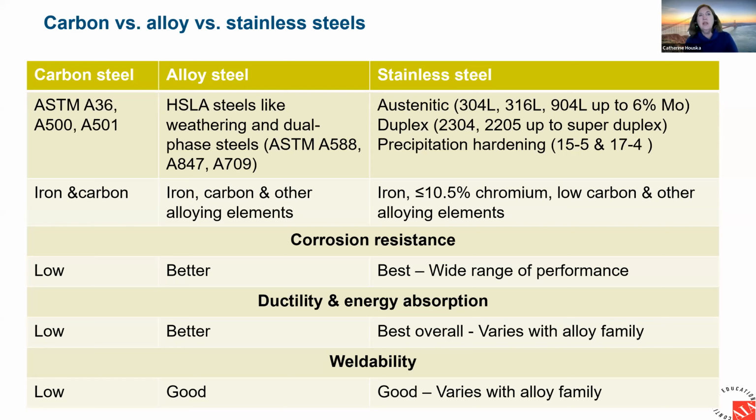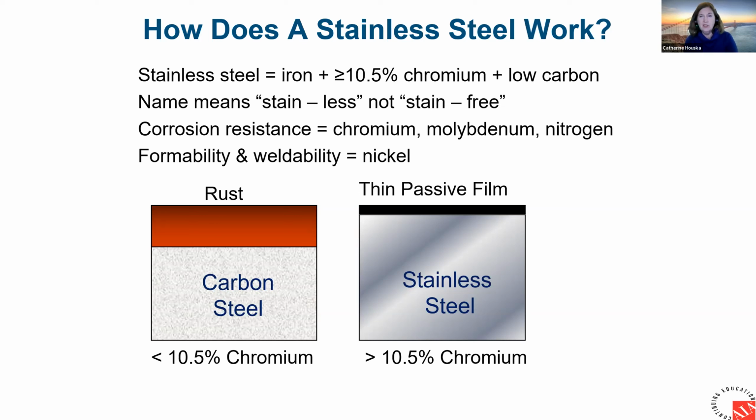Of course, you can achieve stain-free if you use a much more corrosion-resistant stainless steel and clean it as necessary, depending on the application. Sometimes it just doesn't matter. It will give you a long enough life without having it be stain-free.